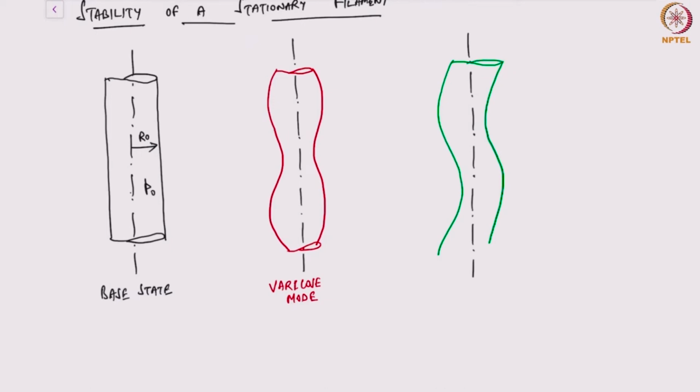So don't think that it's a violation of the linear analysis that we're going to do subsequently. This is only for illustration. So I could actually have a perturbation this way as well. Okay. So now I have two kinds of perturbations. One is the varicose perturbation, or I could have a sinuous perturbation. Okay. Just like how a snake would move.